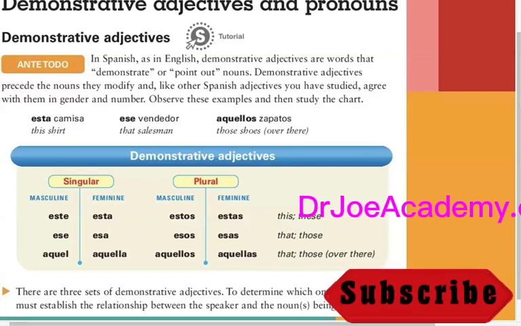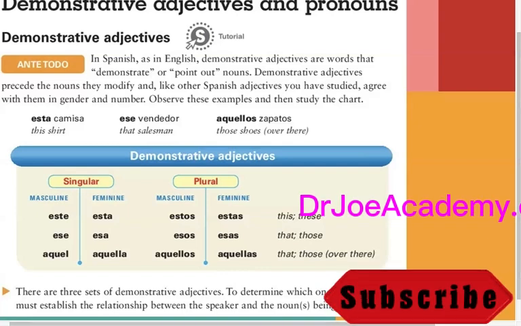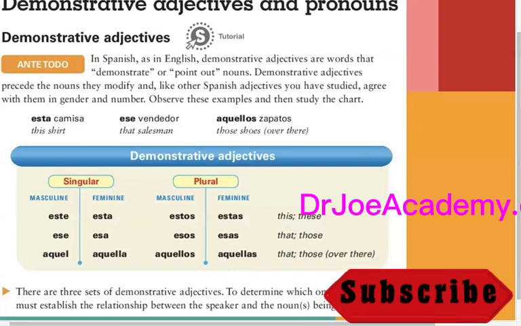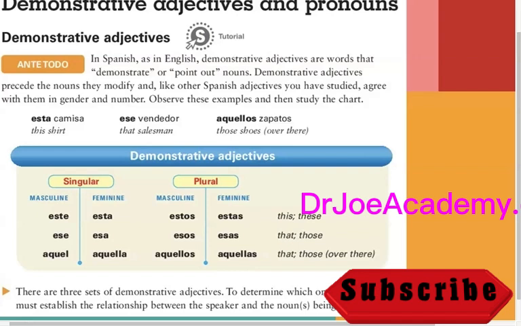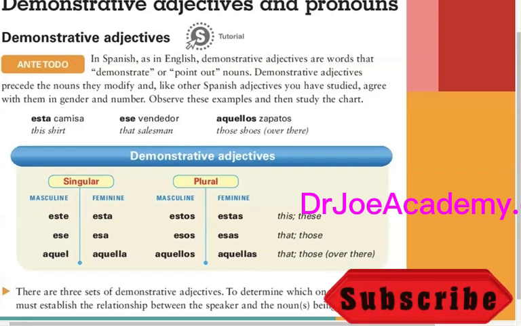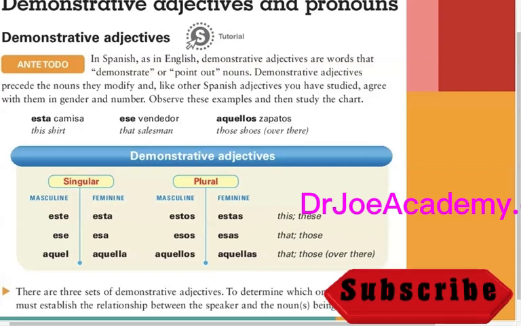How do you say this in Spanish? Just this, not these. I just want to know this. Oh, just this? Yes. How do we say that in Spanish? Okay, so just this is este and esta.